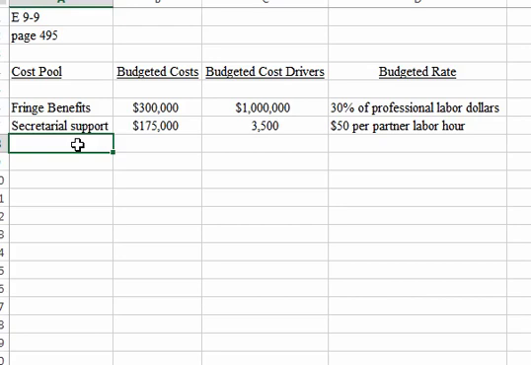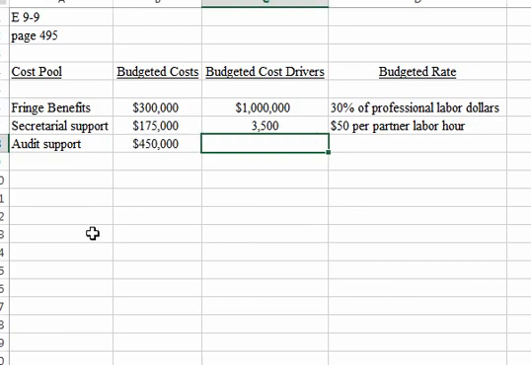Okay, and then we've got audit support. $450,000. Okay, they determine what's driving the cost for audit support.